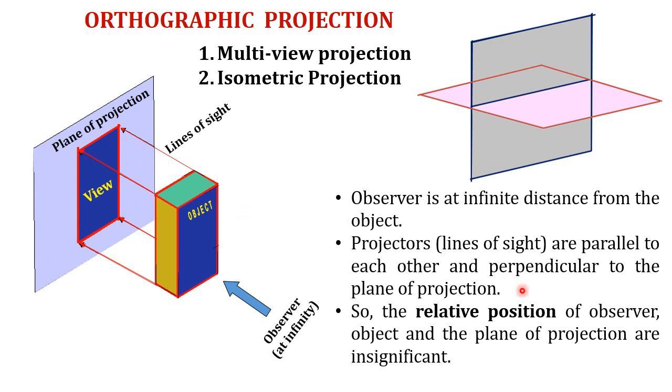In case of isometric projection also, the projectors are parallel to each other and perpendicular to the plane of projection. The observer is standing at infinite distance from the object. So in both these projections, the relative position of observer, object and the plane of projection are insignificant.